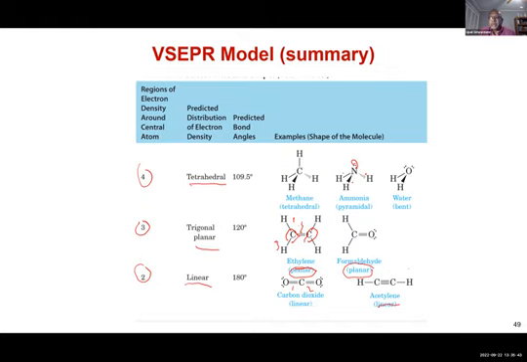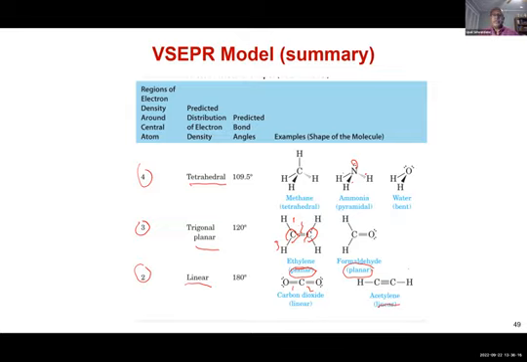Water is bent, ammonia is pyramidal, tetrahedral for methane, planar for formaldehyde and ethylene. Carbon dioxide and acetylene are both linear molecules. Now we are done with the Lewis structure part, and all we need is to predict the polarity of a molecule.